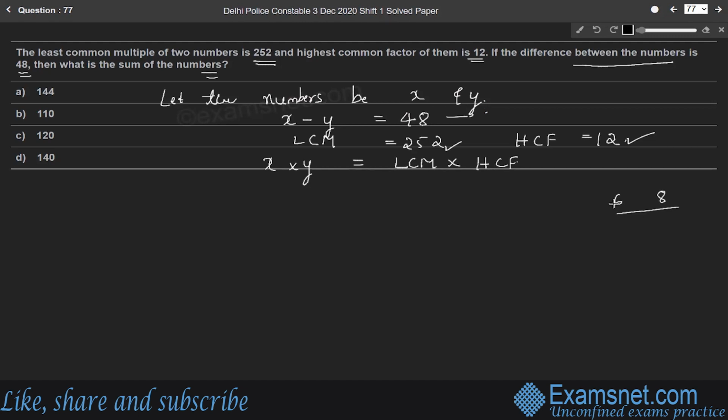What is LCM of 6 and 8? LCM is 24, whereas HCF is 2. Therefore, 6 into 8 becomes LCM into HCF. That is 24 into 2, which is 48. Similarly, product of any two numbers x and y is equal to product of their LCM and HCF.